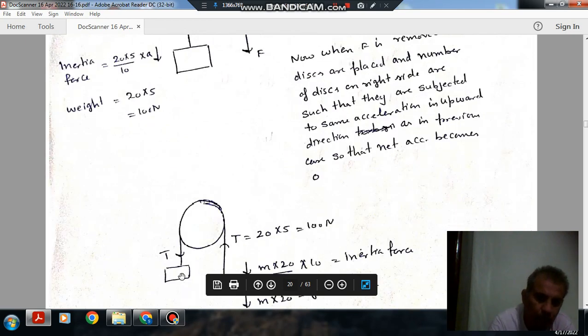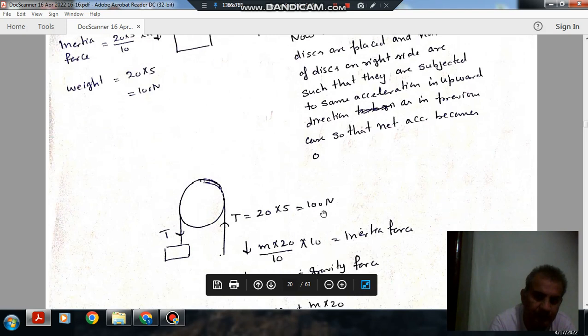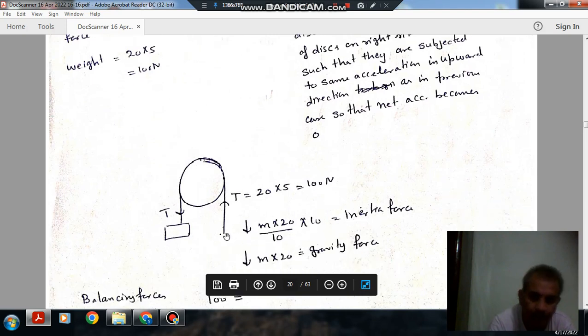Now to prevent its downward motion, suppose m discs are placed. Okay, so if m discs are placed, then these discs are restricting its downward motion by providing acceleration in the downward direction.